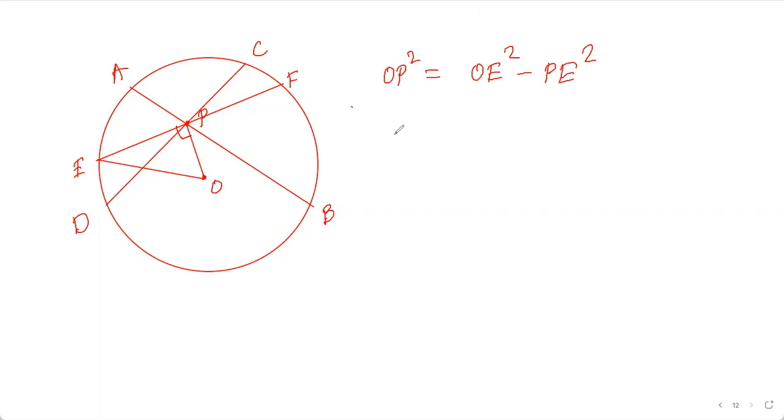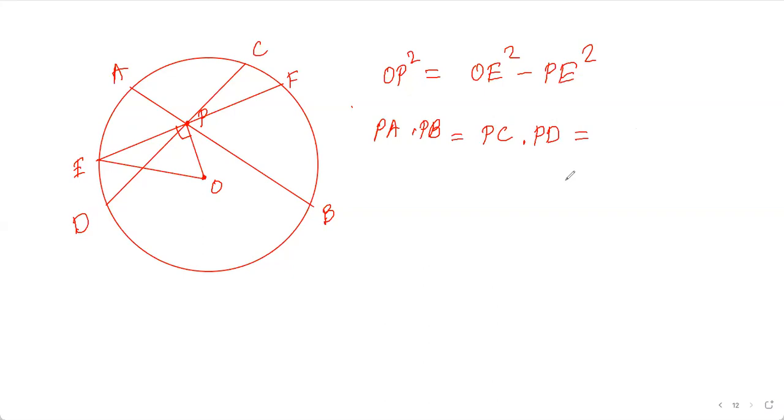And by the intersecting chords theorem, what I have is that PA times PB is equal to PC times PD. So PC times PD is equal to PA times PB.